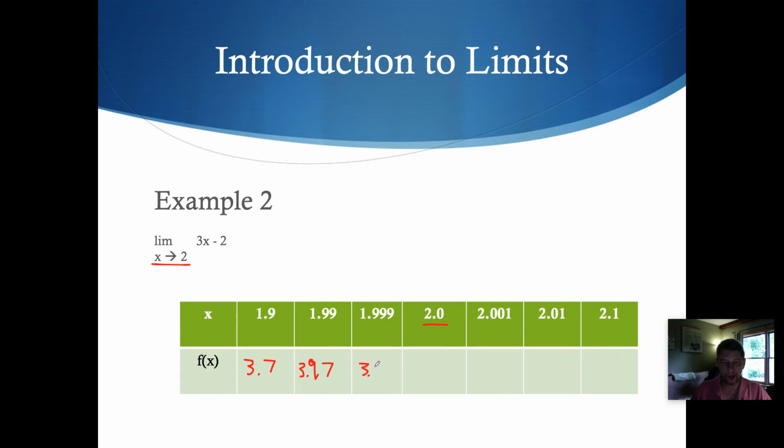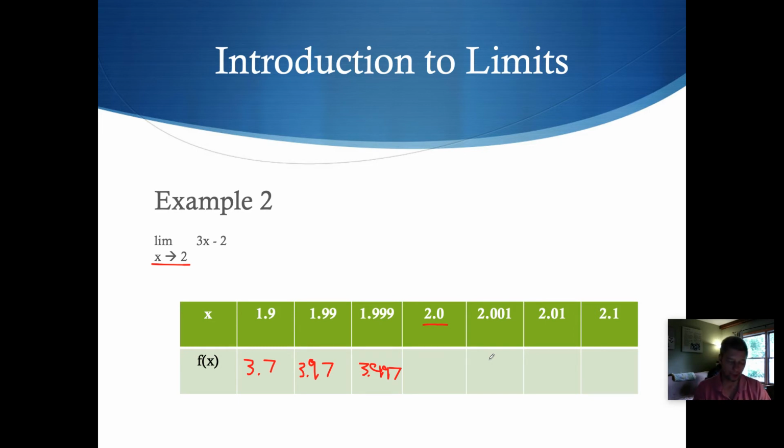Now, if you look very carefully, you can see that these numbers are now getting closer and closer to a value of 4. Right? And you would expect that because 3 times 2 is 6, minus 2 is 4. However, let's move ahead to the 2.001.